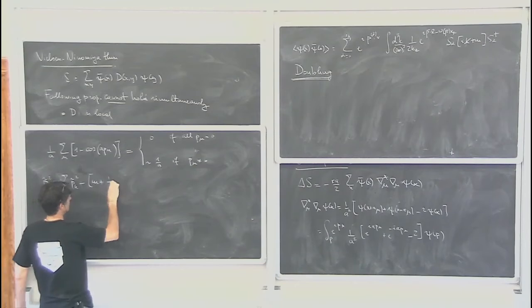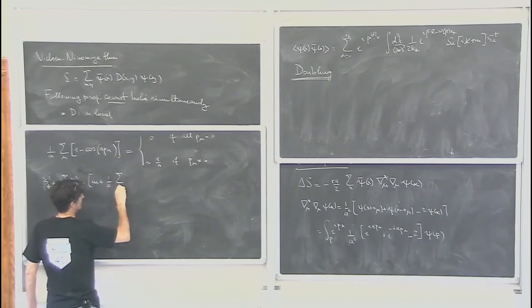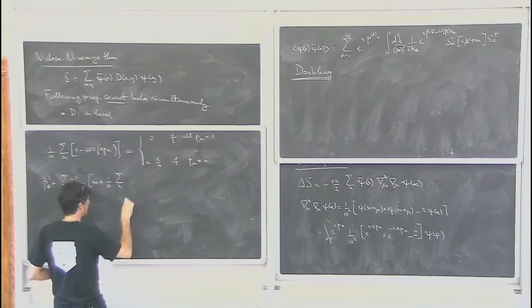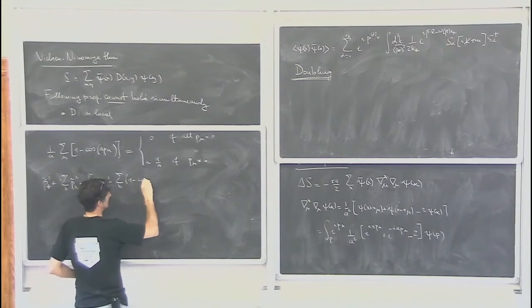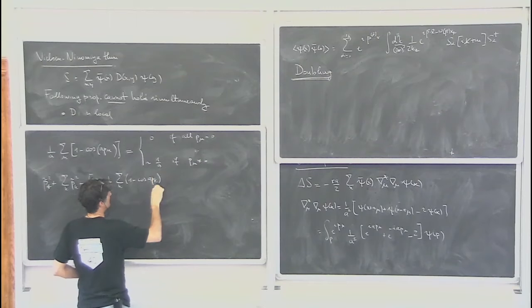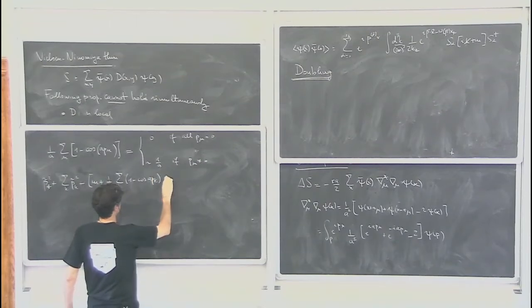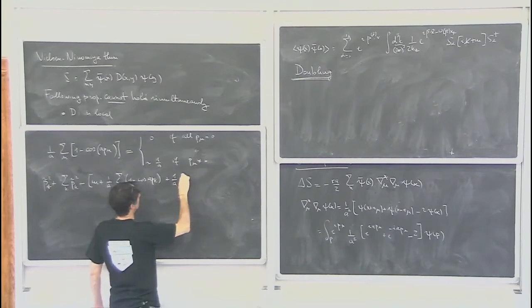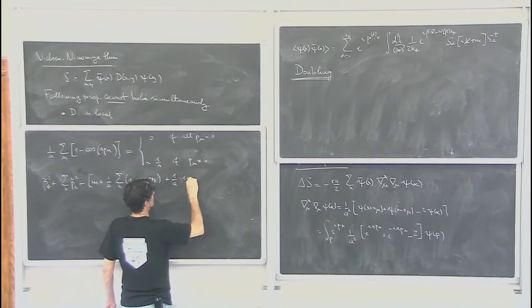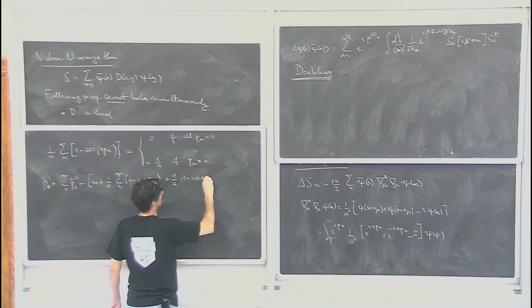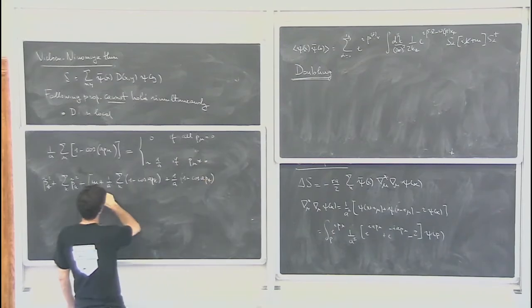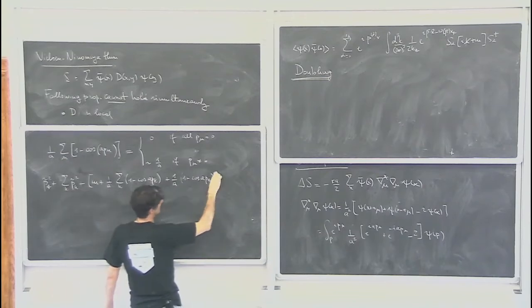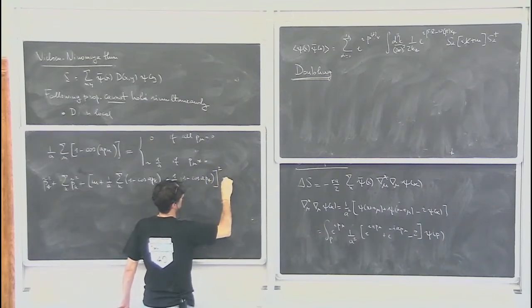You get 1 over a, the sum over k, where k only goes from 1 to 3, of 1 minus cosine apk. Here I'm separating the spatial components from the time component. Here we get minus cos AP4. So this is your momentum dependent mass term squared. This is equal to 0.